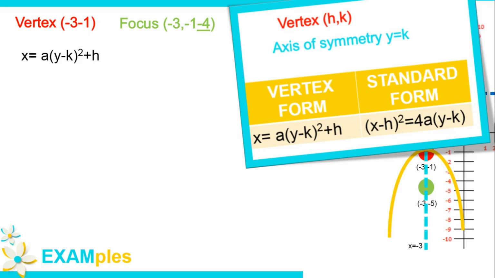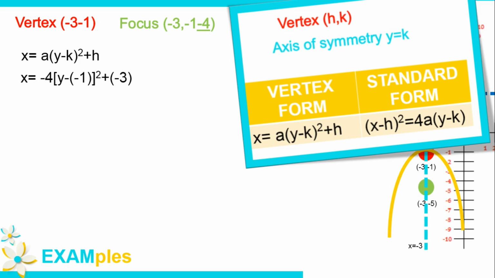So, let's find first the vertex form. So, x is equal to a, y minus k squared plus h. So, as I said earlier, a and p is equal. So, a is the distance of focus, from focus to vertex. So, here, negative 4.